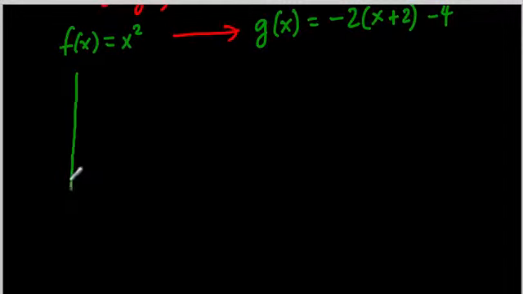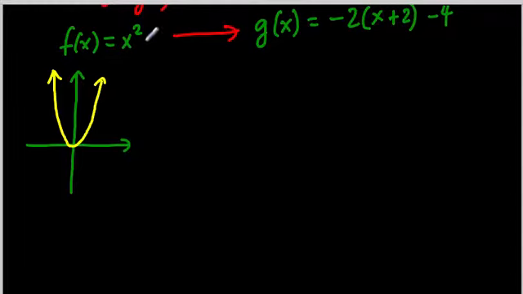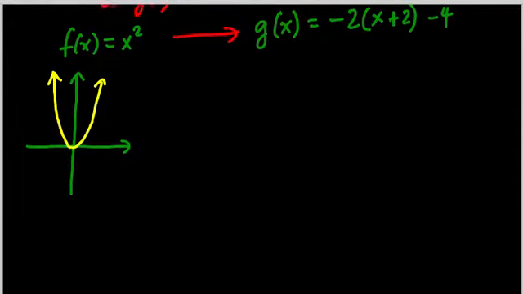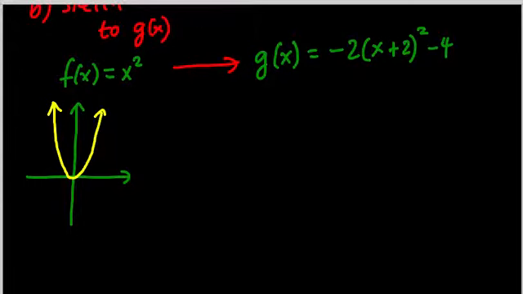So if I have a simple xy plot right here, well, this one is going to be a parabola, and this is x squared, and there's nothing hard about that. That's simply our parent function. And in this case, let me just draw this set of axes. So obviously it's not very straight.